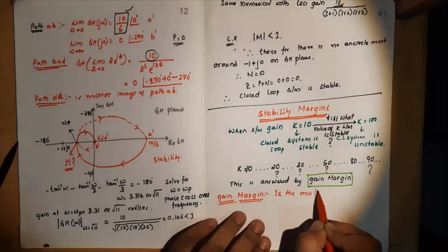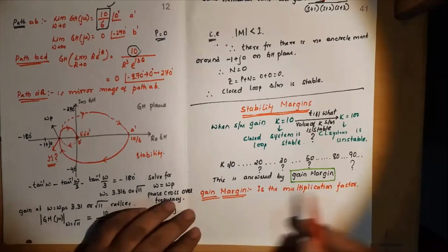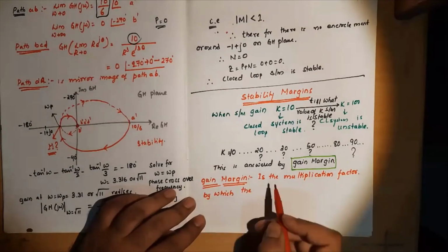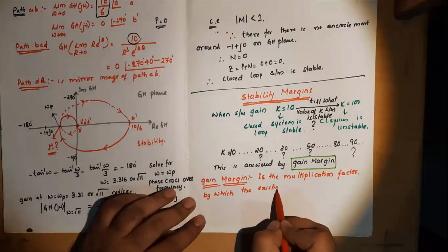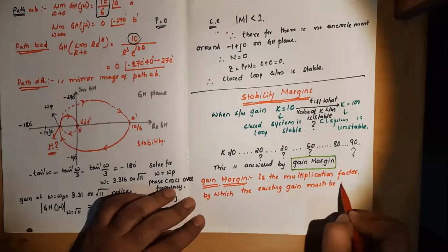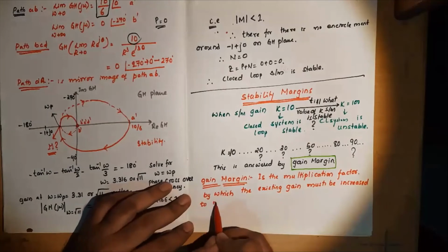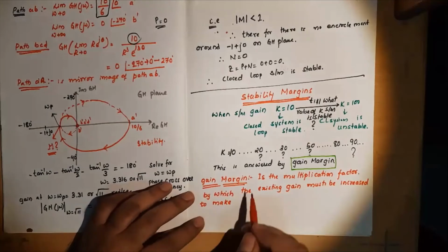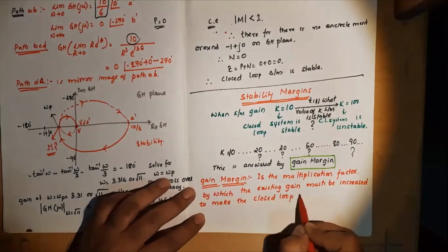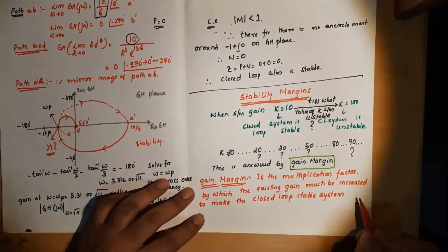So gain margin is a multiplication factor by which the existing gain must be increased to make the closed loop system marginally stable.